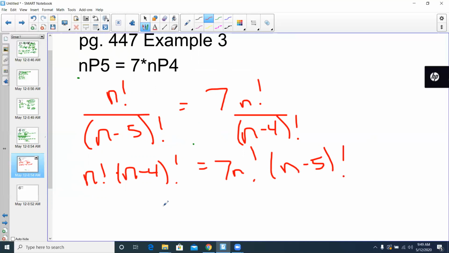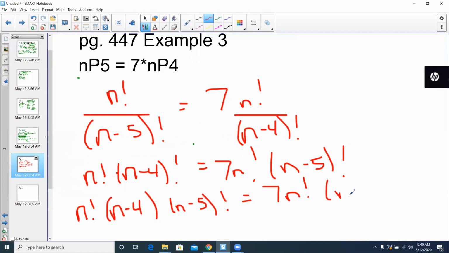Okay, so let's do this. So now n minus 4 factorial is the same as n minus 4 times n minus 5 factorial. And this equals 7n factorial times n minus 5 factorial.